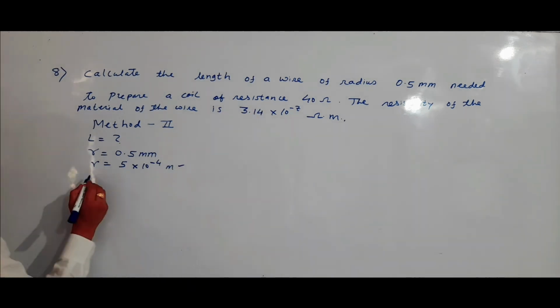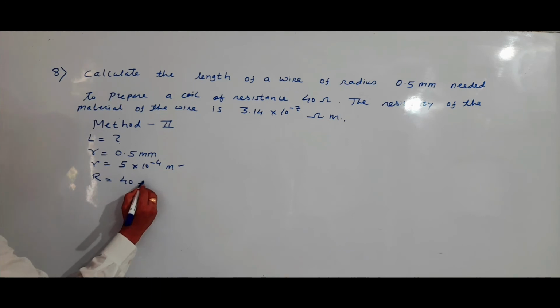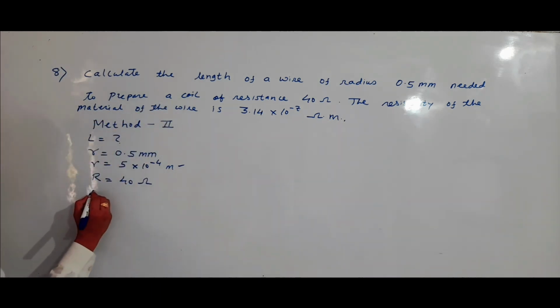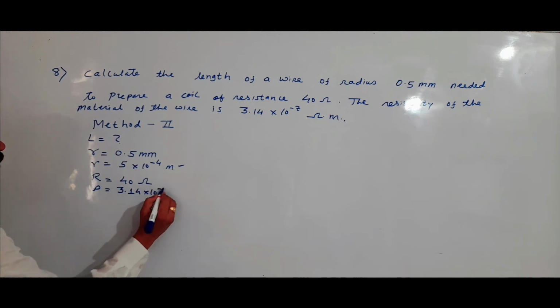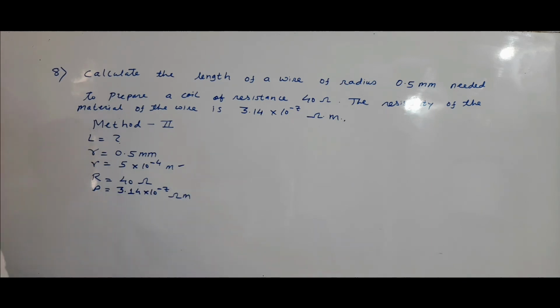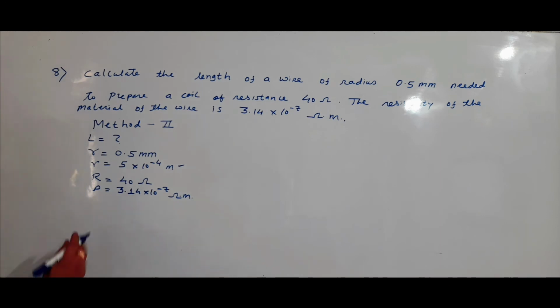The resistance capital R is equal to 40 ohms, and the resistivity of a material is also given. So resistivity of a material is equal to 3.14 into 10 to the power minus 7 ohm meter. Now, my dear student, we know the formula.